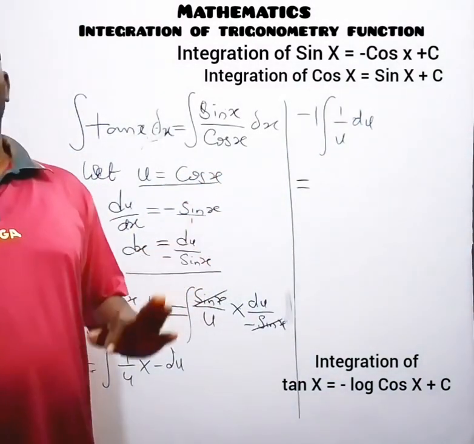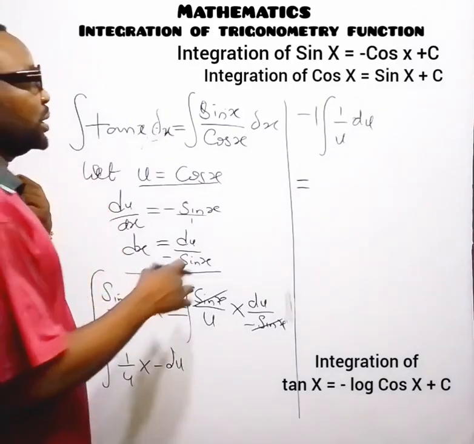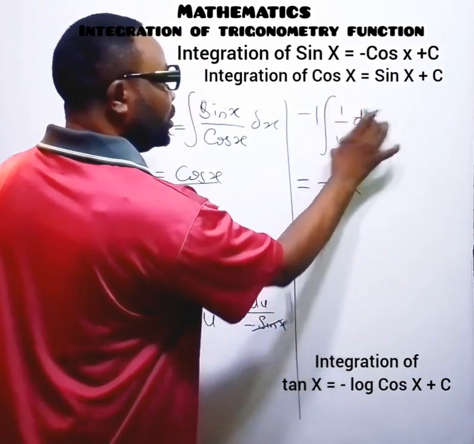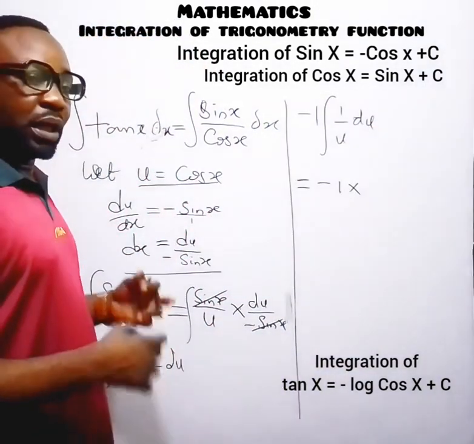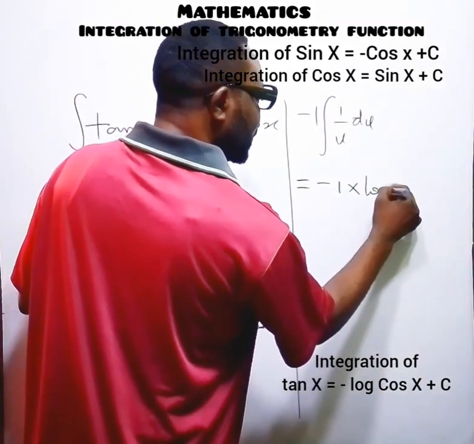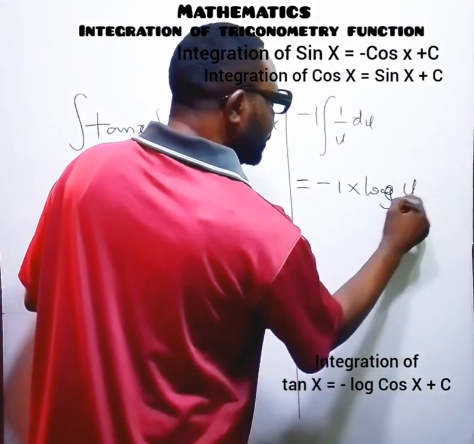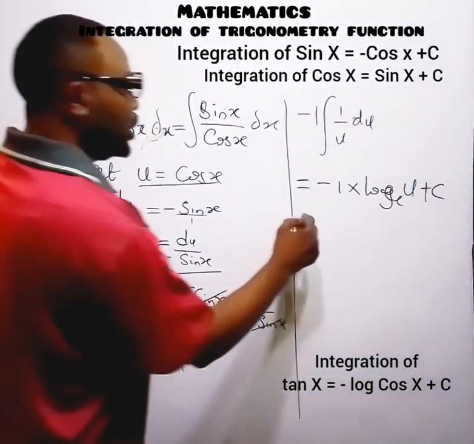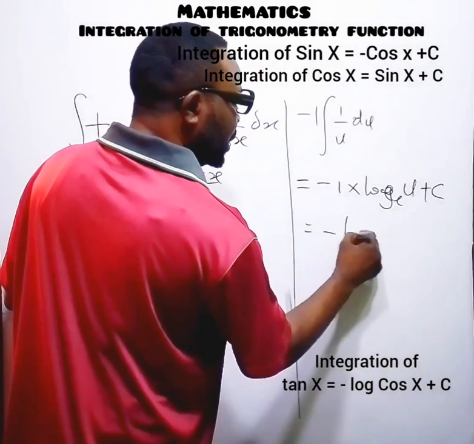Now I want to start with my integration. So I'm going to have minus 1 multiplied by the integral of 1 over u du. The reciprocal of such a value is equal to log u plus c. Now this becomes minus log.